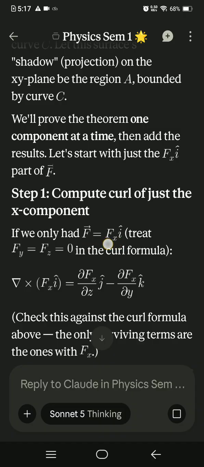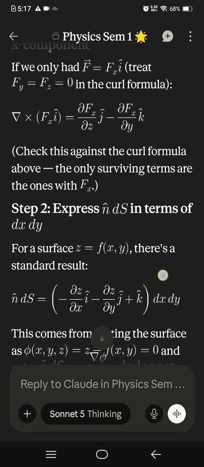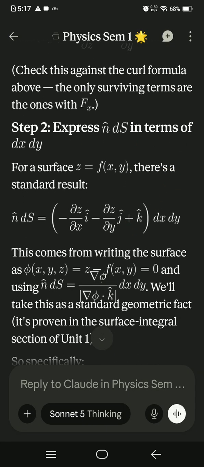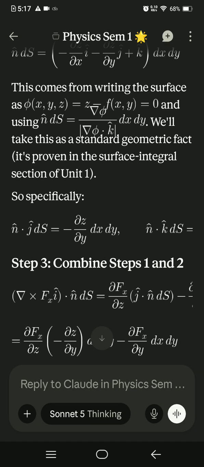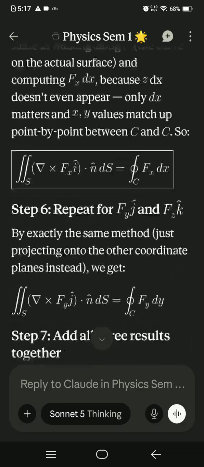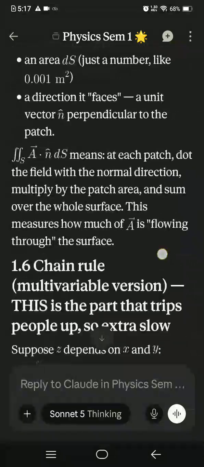For only fx, these terms are going to be 0 in the curl formula. From the curl formula we got this. Then express n dS in terms of xy. Very complicated actually.